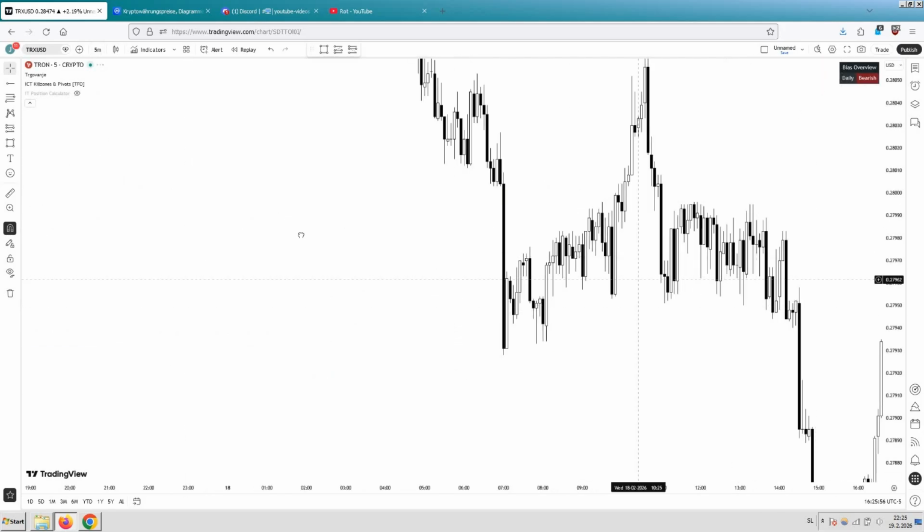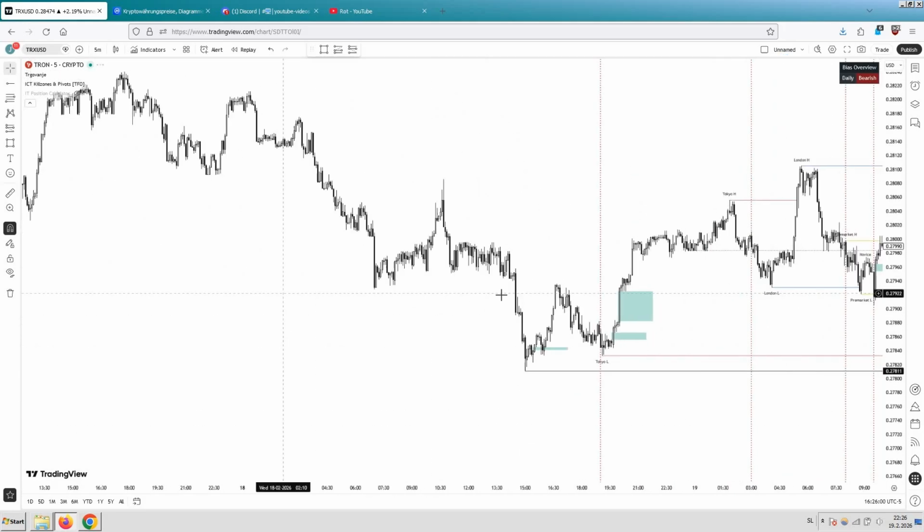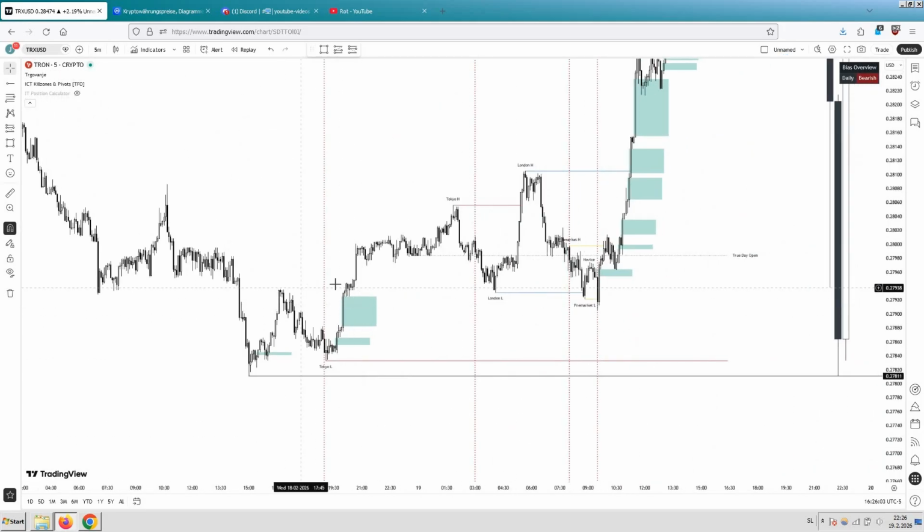Because if we go on 5 minutes, let's take a look at the price. We have accumulation, manipulation, distribution. Then this distribution actually becomes higher manipulation. So manipulation, distribution, which becomes even higher distribution. So we have distribution downwards.